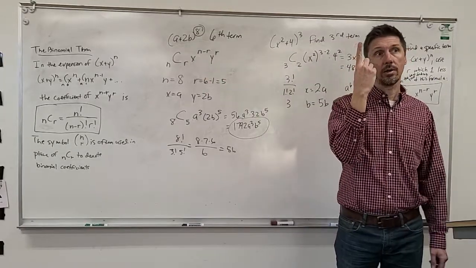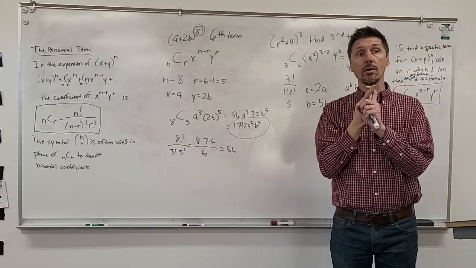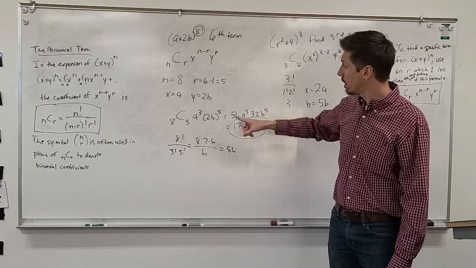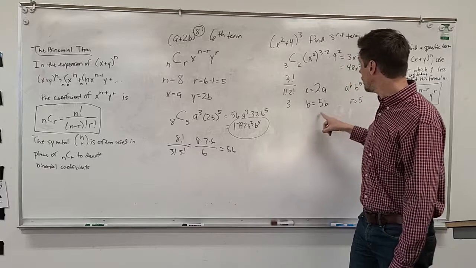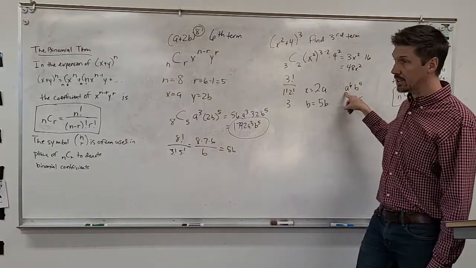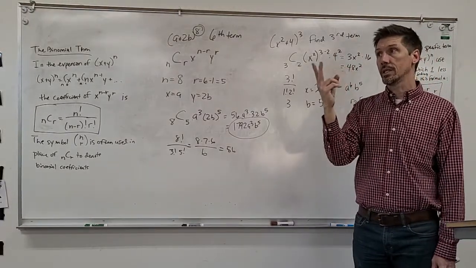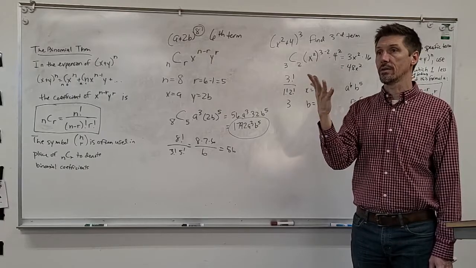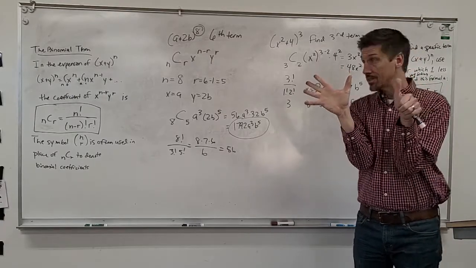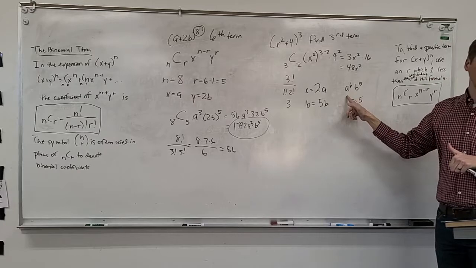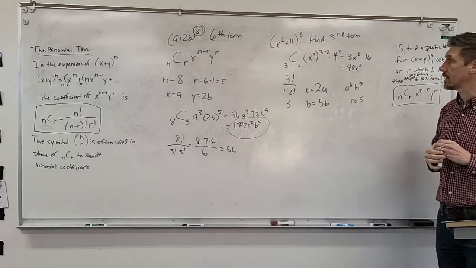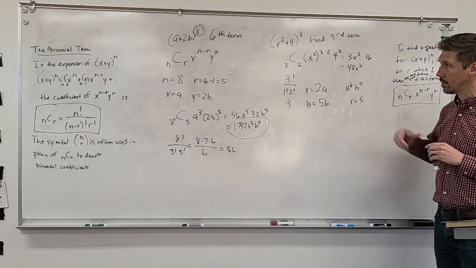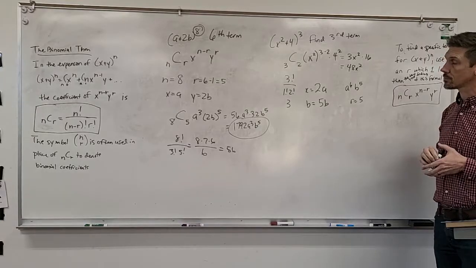If I count down, I've got to get to a to the 6. So 11, 10, 9, 8, 7, 6. That would be my 6th term when I count down and I get an a to the 6th power. So you could think of it that way as well, but I think this is probably the more obvious way.